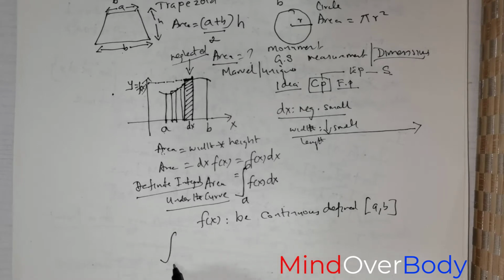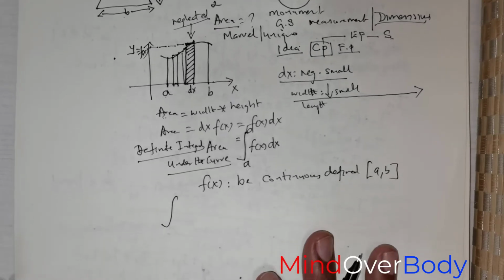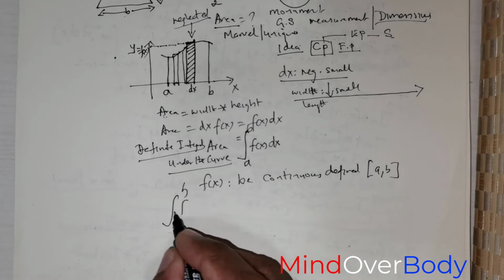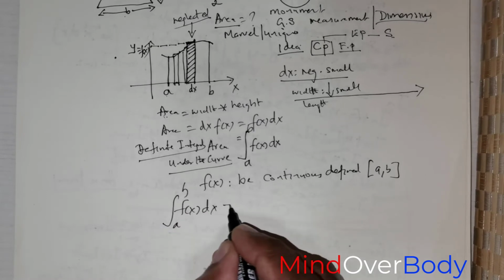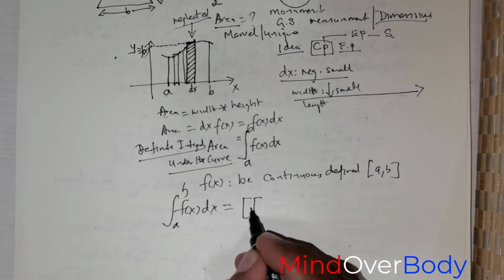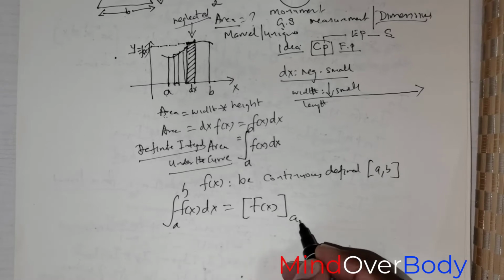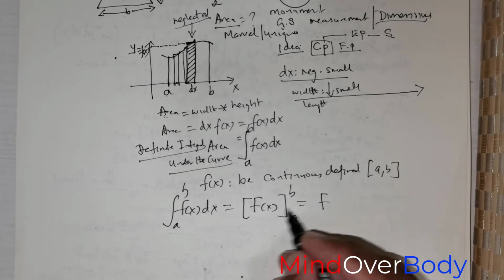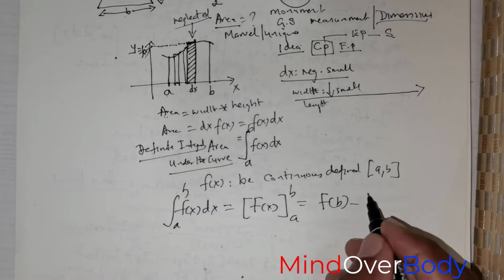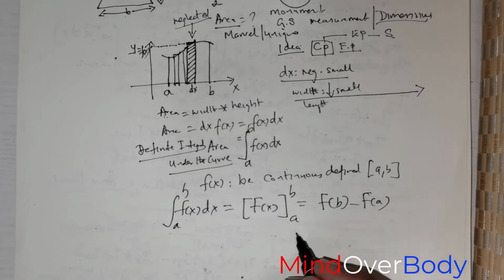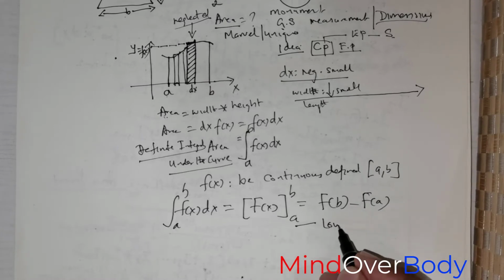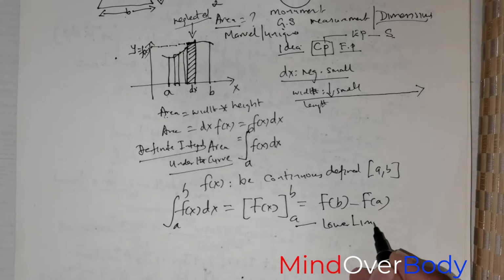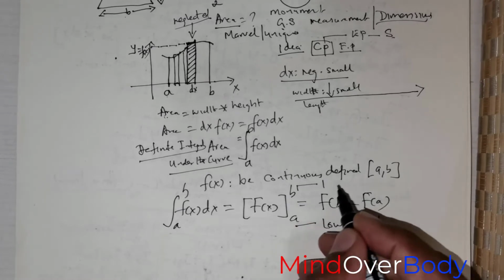And when that happens, we state the following: the integral from a to b of f of x times dx is equal to capital F of x, with limits a to b, and we substitute the limits as capital F of b minus capital F of a. This is called the lower limit, and this is called the upper limit.